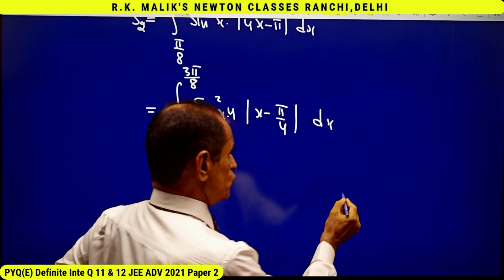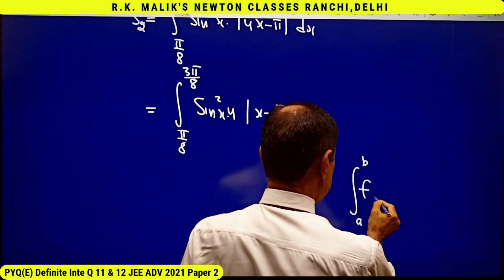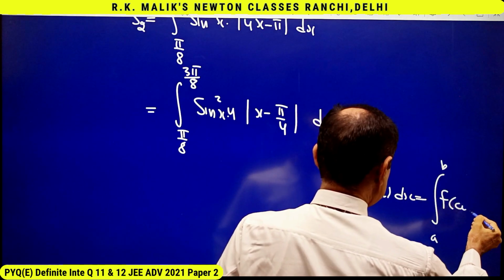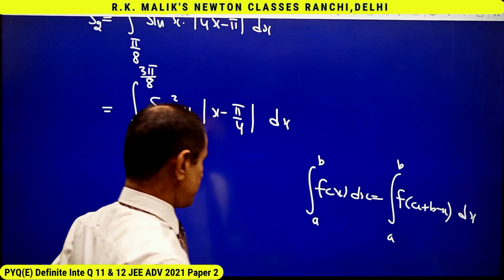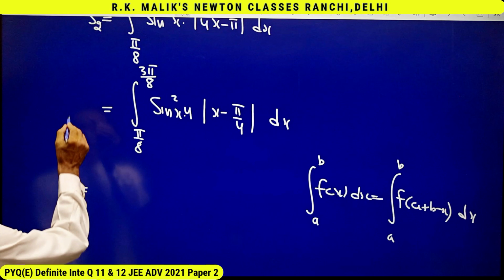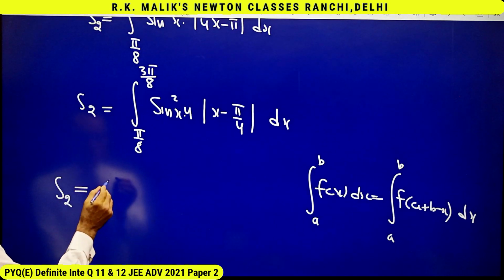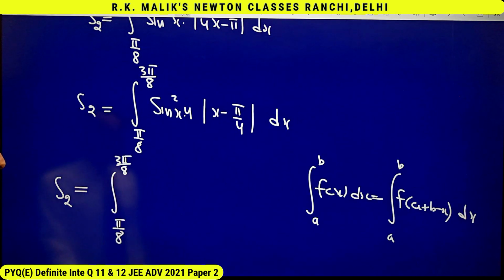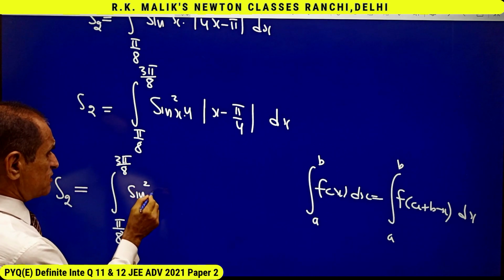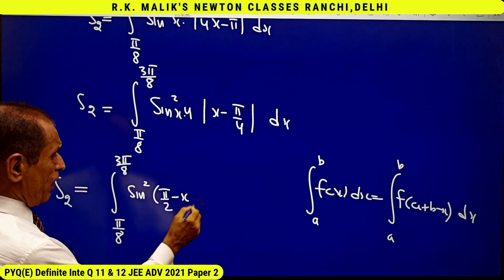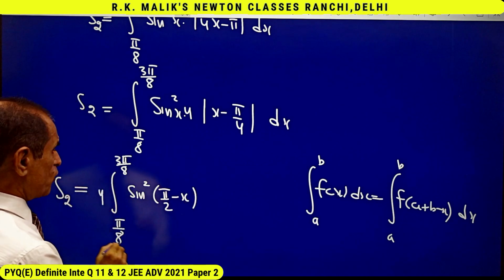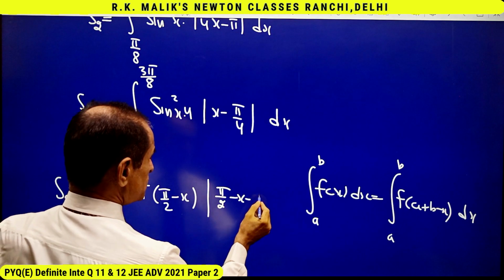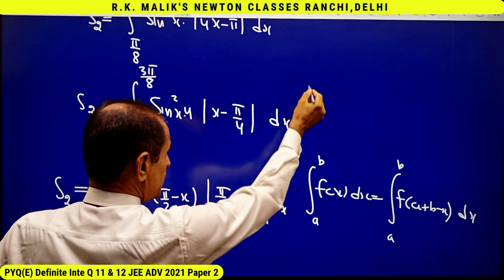And now using the property that the integral from a to b of f(x) dx is the integral from a to b of f(a plus b minus x) dx, we get the conclusion that S2 is equal to the integral from pi by 8 to 3 pi by 8 of sin square of pi by 2 minus x, and 4 outside, and this will become mod of pi by 2 minus x minus pi by 4 dx.